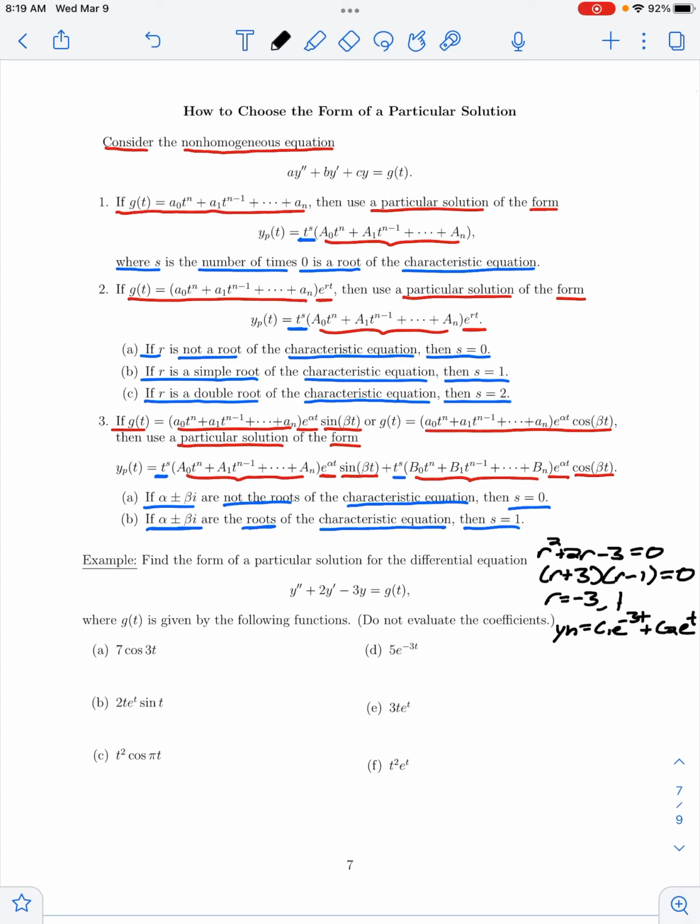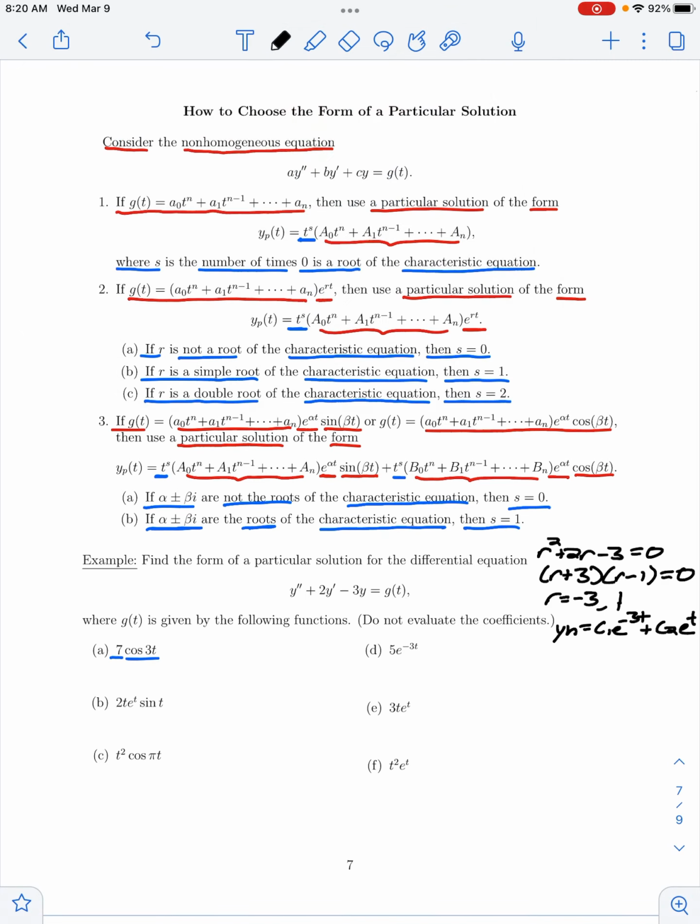So let's now consider particular solutions if our g of t function was given by these different cases, parts A through F in this example. In part A, we have a g of t function which is 7 times cosine of 3t. So that is a constant times cosine of 3t.